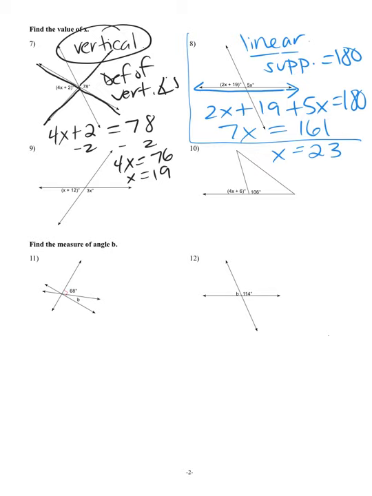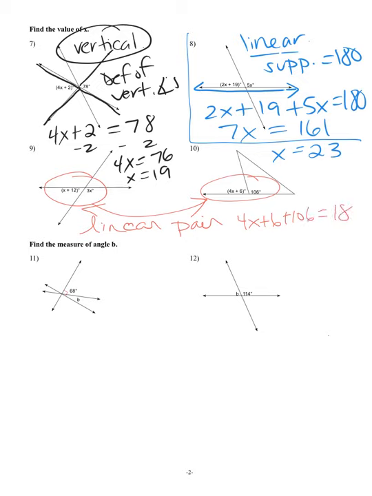What about 9 and 10? What kind of angles would those be? Both of these would be linear pairs. So what would you add them up and set them equal to? 180. So you say 4x plus 6 plus 106 equals 180, and you solve for x. So you would get 4x equals 68.